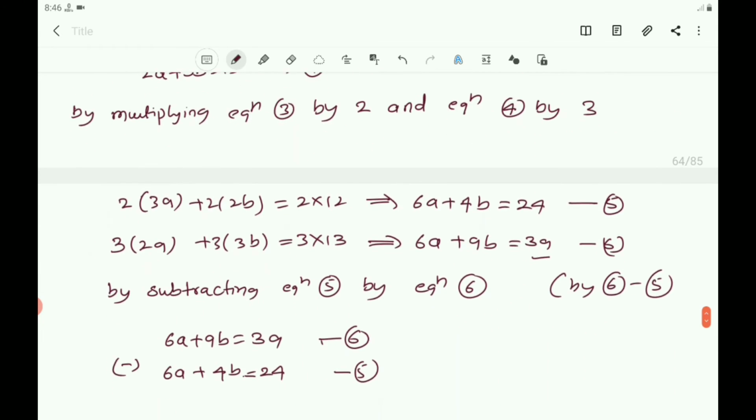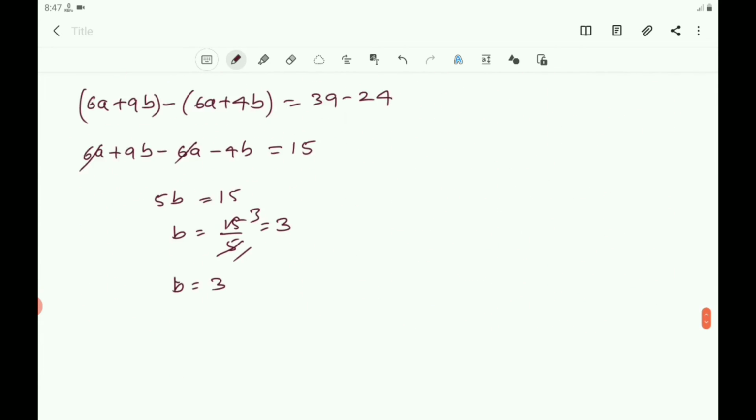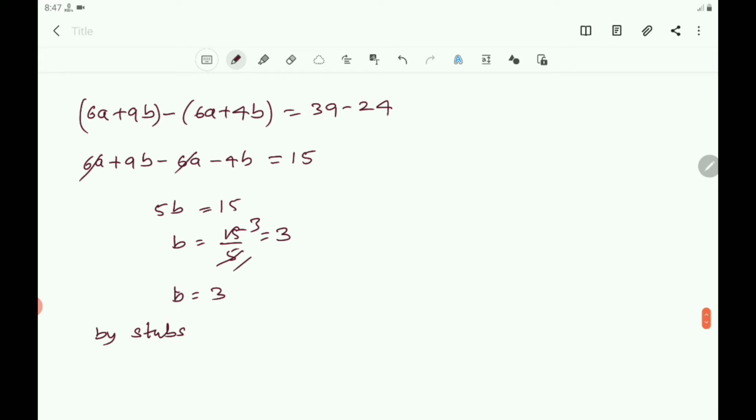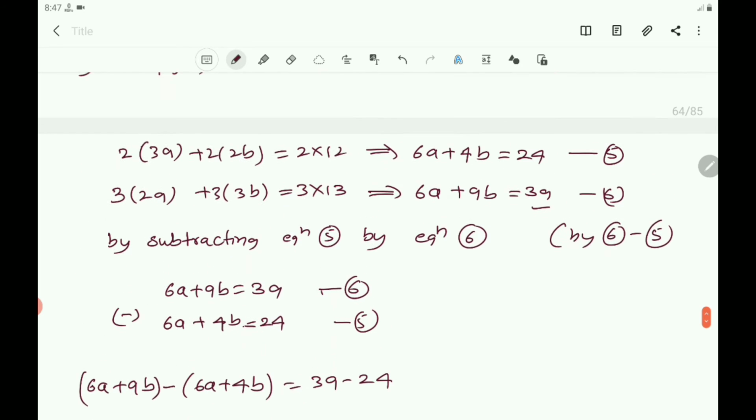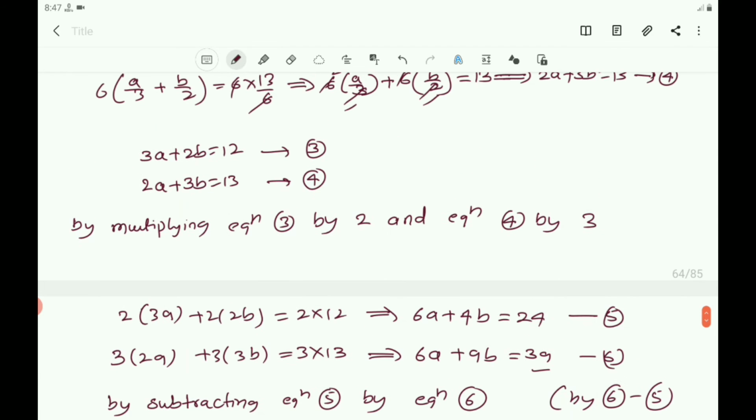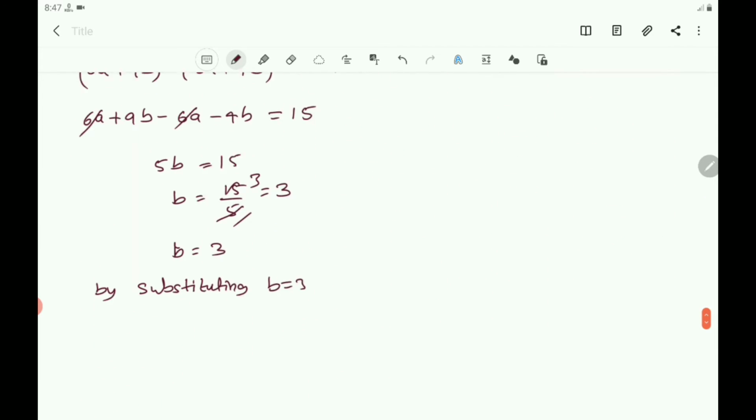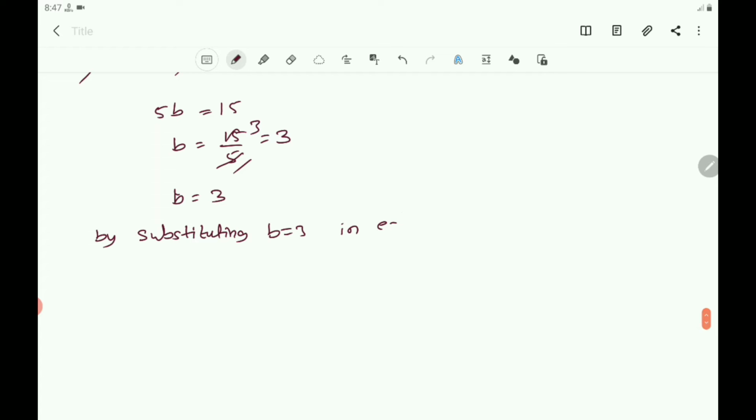You take the third equation first, that is by substituting b = 3 in the third equation, 3a + 2b = 12.